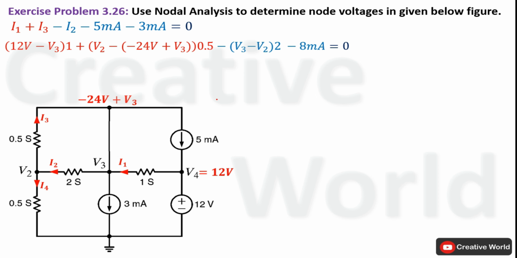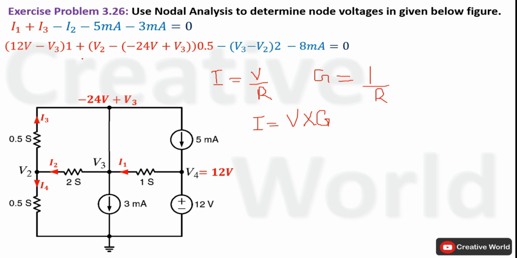We know that if we want to calculate the value of current, then using Ohm's law, current is equal to voltage divided by resistance. And we also know that conductance is equal to the reciprocal of resistance. So in this case, if conductance is given, then current I will be equal to voltage multiplied by conductance.